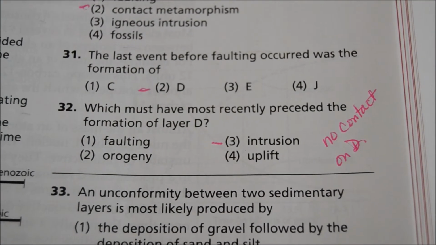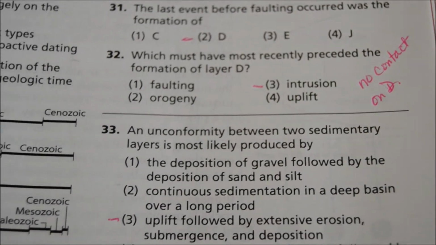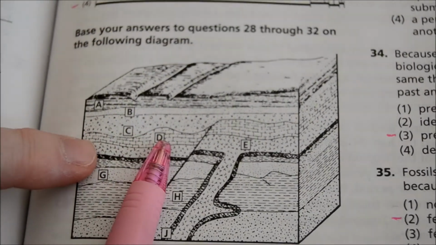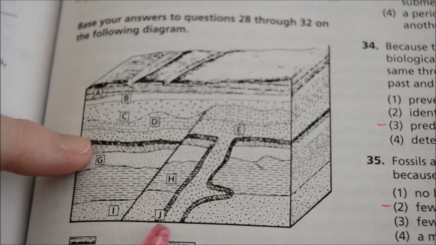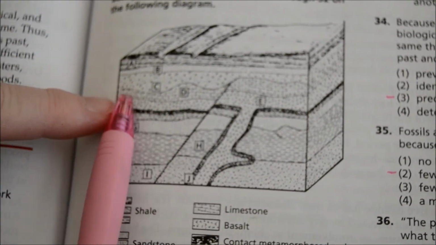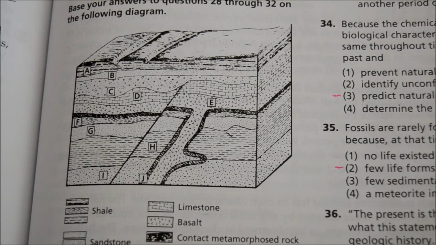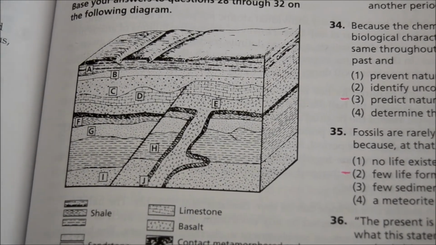Number 32. Which must have most recently preceded the formation layer D? So if I'm looking at layer D, preceded means comes before. We just talked about how the igneous intrusion happened before D because it has no contact metamorphism on it. The other thing, faulting can't be the answer because D has been faulted. So you had to have D before you faulted.